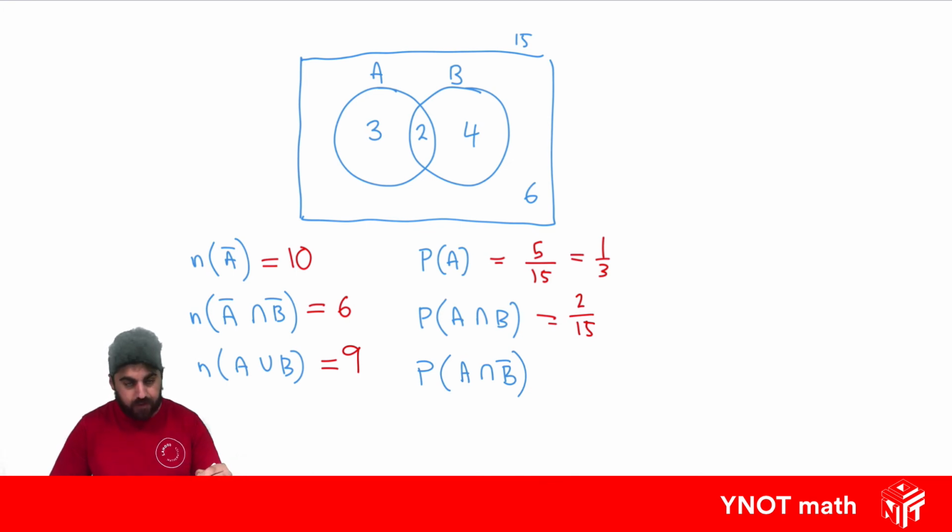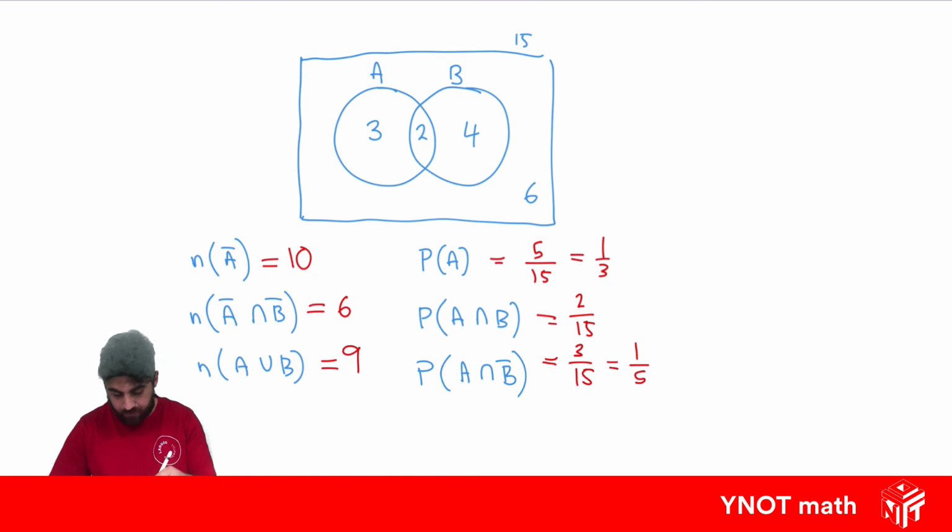So it's where these two things overlap. So the elements in A are 5, and the ones not in B, well, that's just these 3. It's where both of these things overlap, because we have 5 elements in A, and the ones not in B, out of those, are just 3. So it has to be 3 out of 15, which will simplify to 1 out of 5.